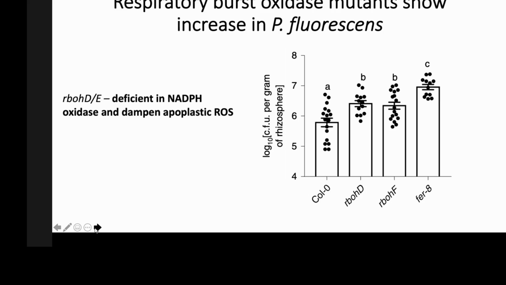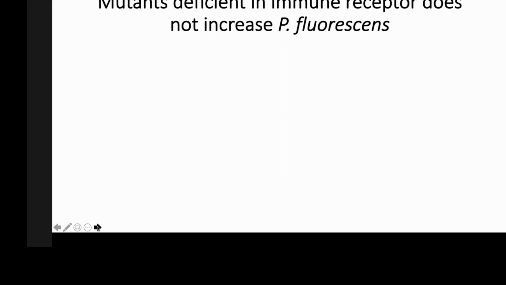Well, there are two respiratory burst oxidases, and if they got up to the FAIR8 level, it would say that FAIR8 is acting probably exclusively through those two. Yeah, okay.